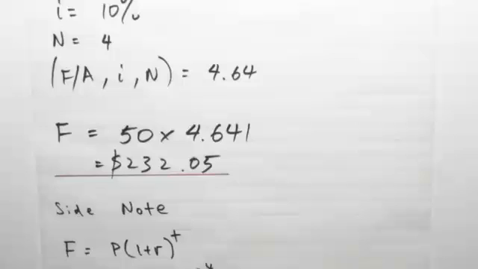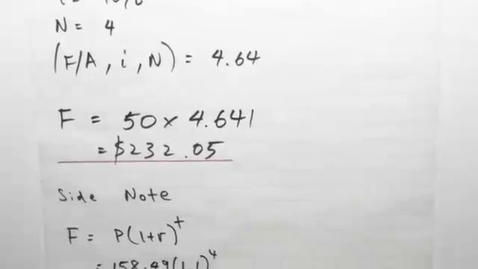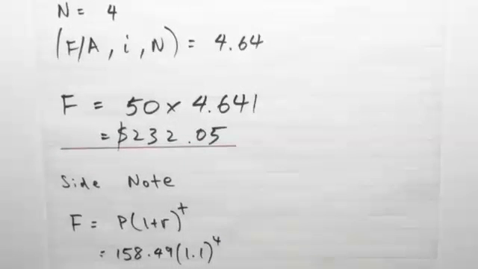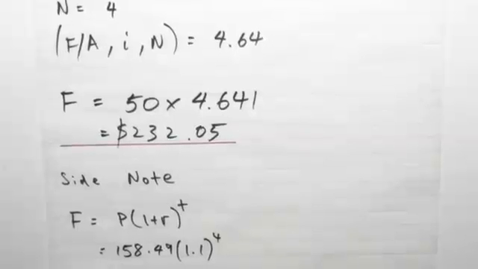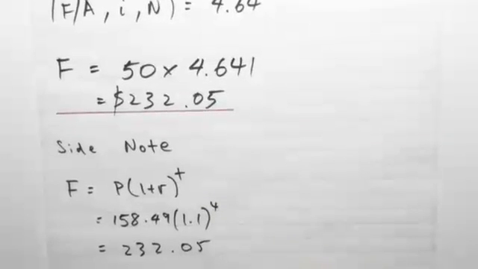From this example, we know that r is 10%, we know our time is 4 years. So we could have simply taken the present value that we worked out, 158.49, and multiplied it by 1.1 to the power of 4. If we do that, we would also get the future value of 232.05.